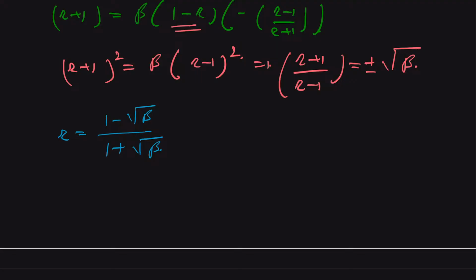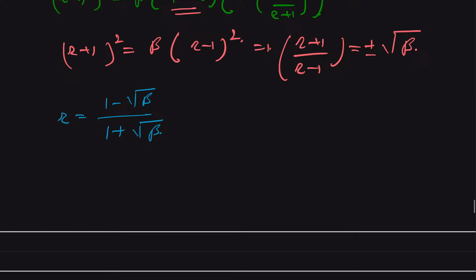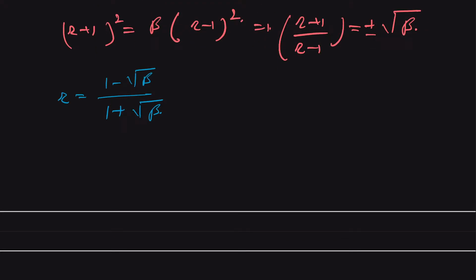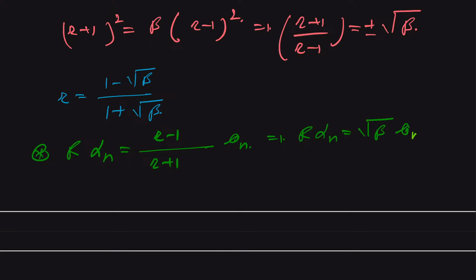Okay, so this is the relationship of our radius, and we can use the first relationship which is given to us, that is r alpha of n is equal to, this will be coming as (r minus 1)/(r plus 1) times a of n, and this will be coming as r alpha of n is equal to square root of beta A of n.